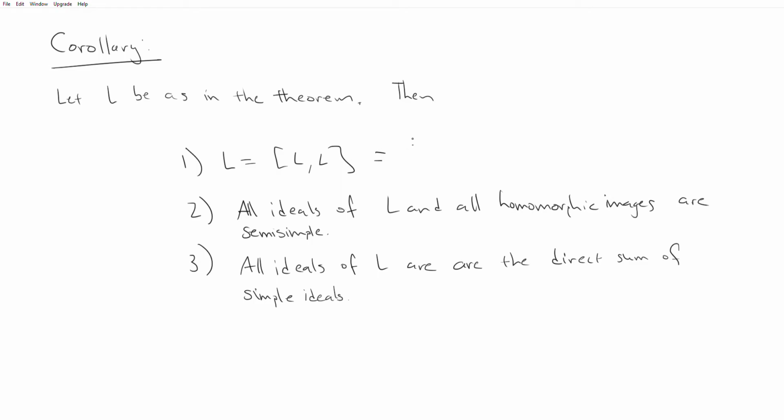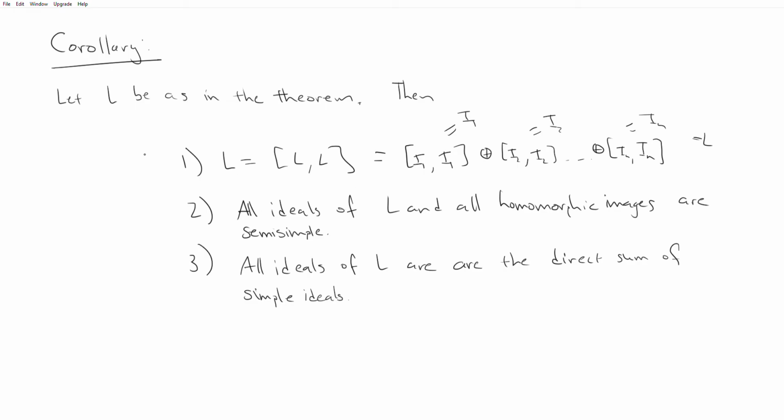This would end up equaling [I_1, I_1] direct sum [I_2, I_2], up to [I_n, I_n]. But of course, as I said earlier, by simplicity, this is I_1 direct sum I_2, and so on. And so that would be equal to L.